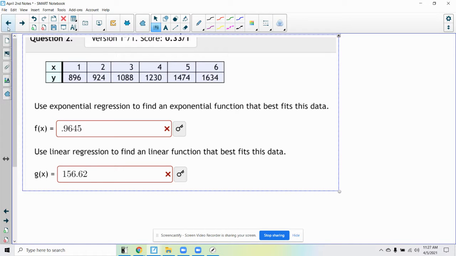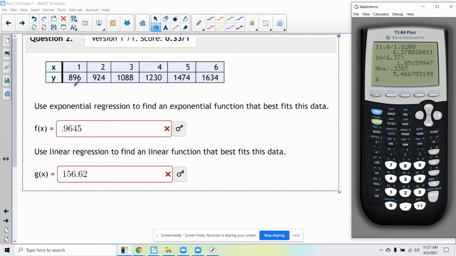And the last question is use the exponential regression to find the exponential function. So we're just going to plug this data into our stat list. I'm going to go stat, enter. I'm going to put my x values into L1, 1 through 6.